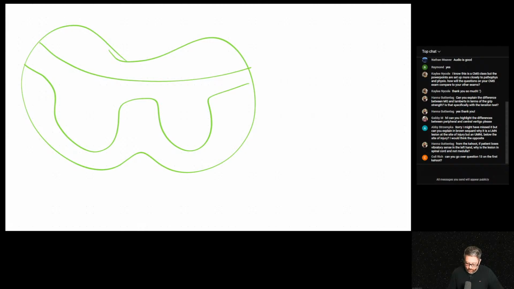remember we have our upper motor neuron. I'll put it over here.